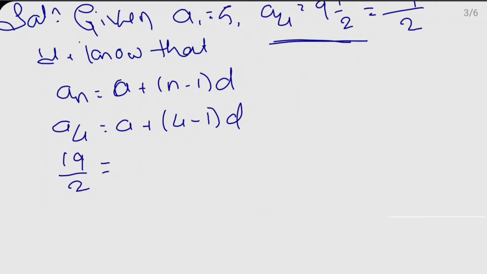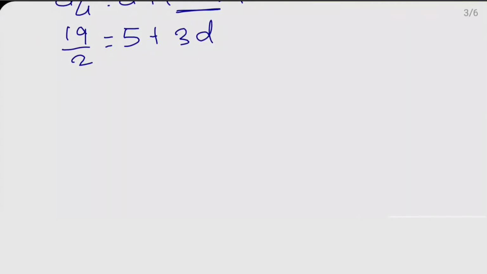So this equal to a is 5, they only given. So 5 plus 4 minus 1 is 3 into d. Is it clear? So now 5 comes to the LHS side, it becomes a minus. So 19 by 2 as it is minus 5, this equal to 3d. So here take 2 as the LCM.